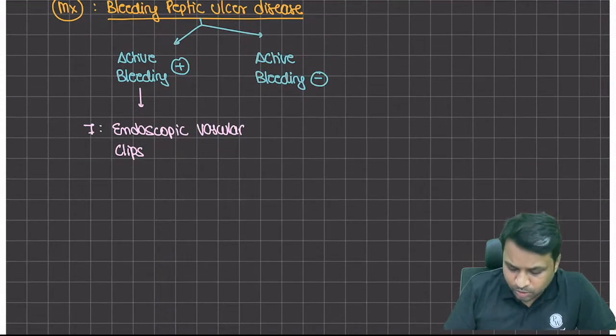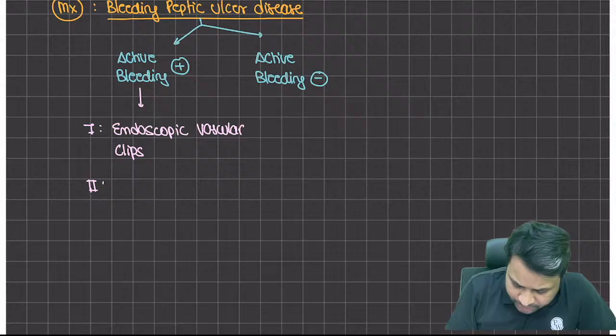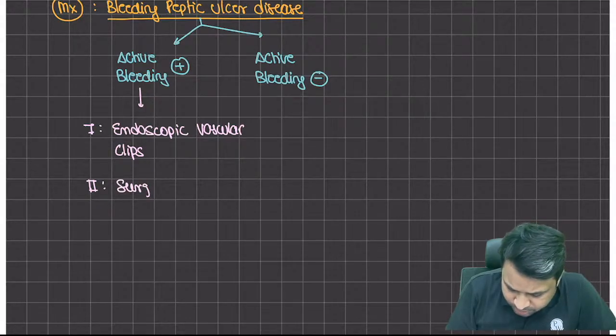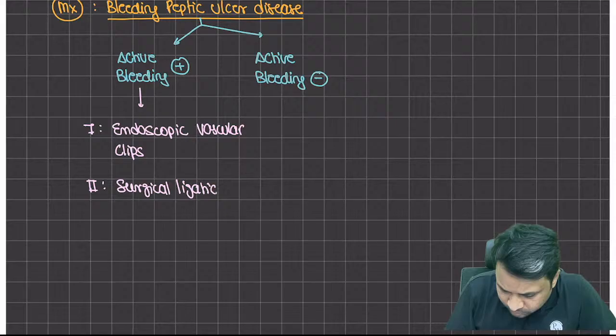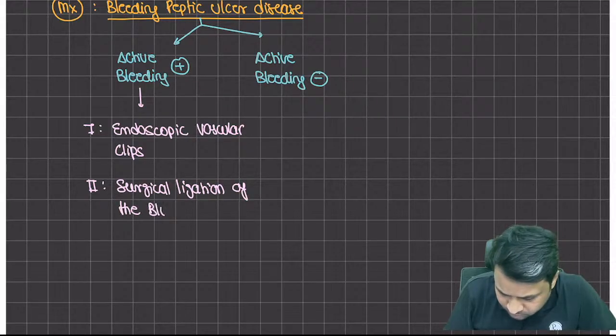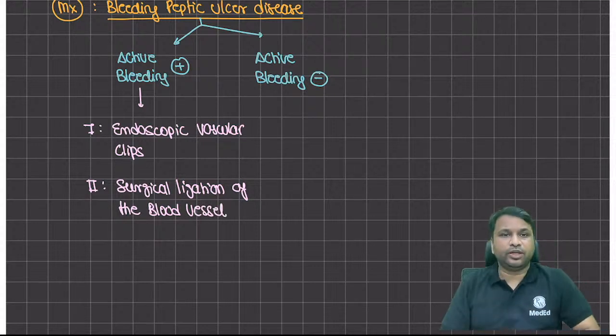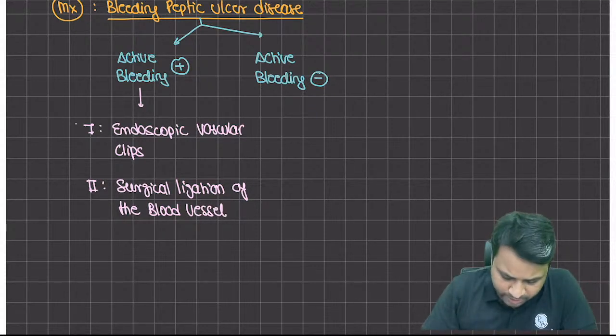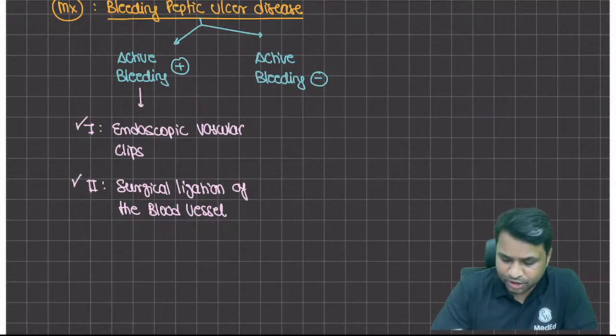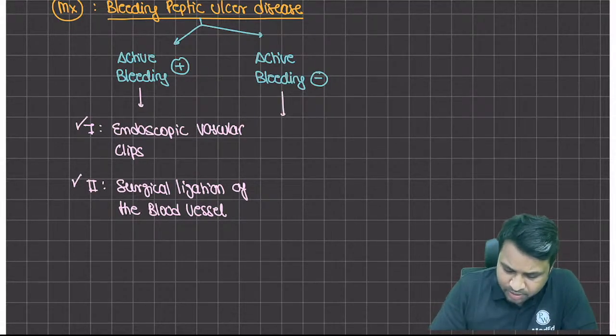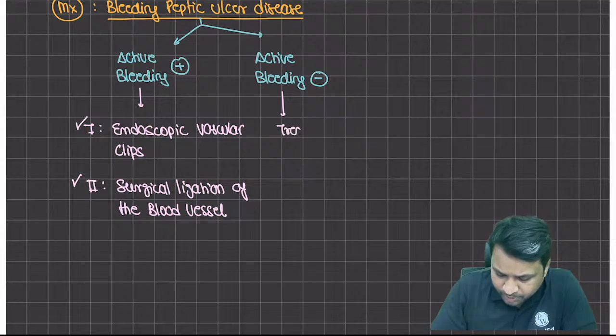If this does not work out, then you can go ahead with surgical ligation of the blood vessel. So one, you can go ahead with the endoscopic vascular clips. If not, surgical ligation. If there is no active bleed, then you have to treat peptic ulcer disease.